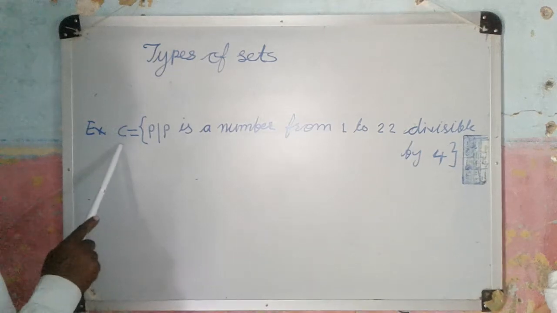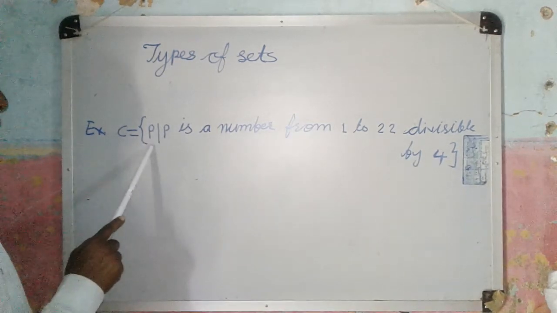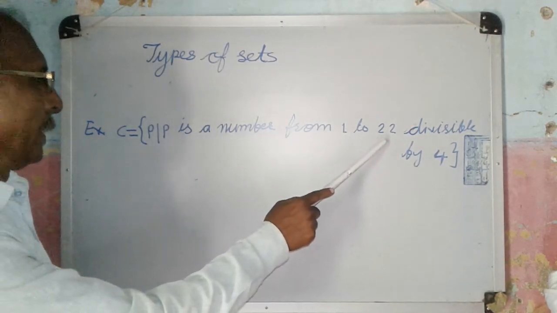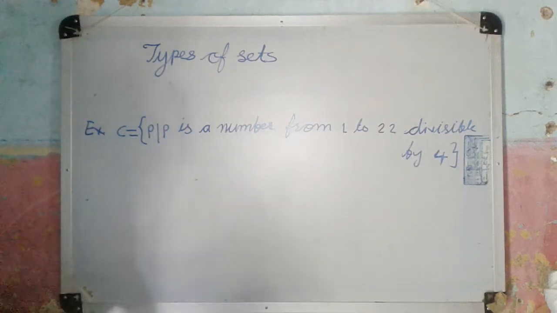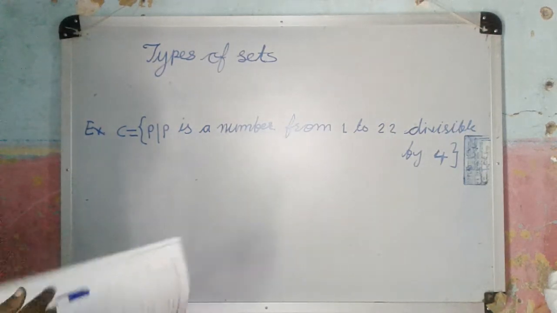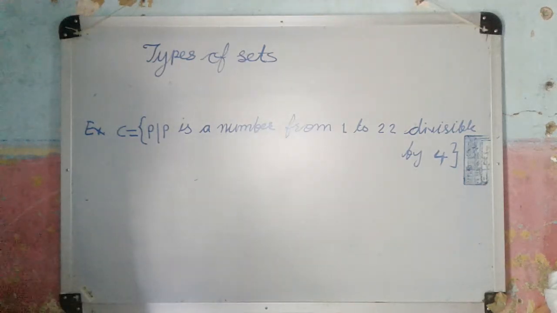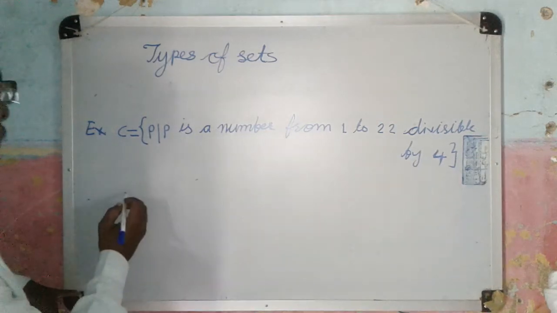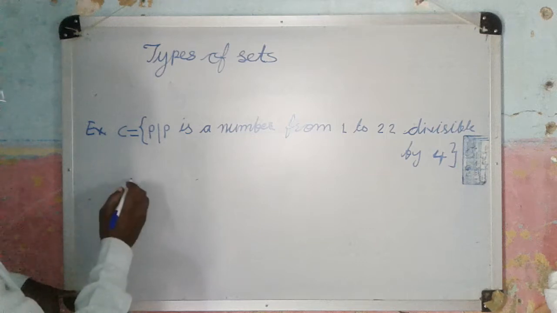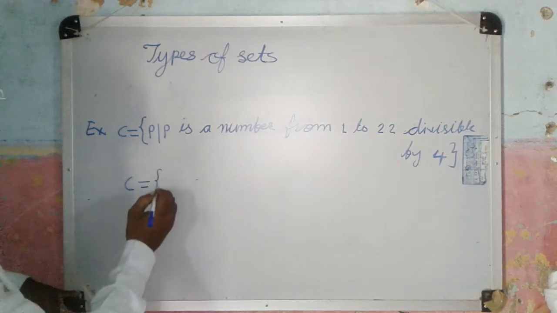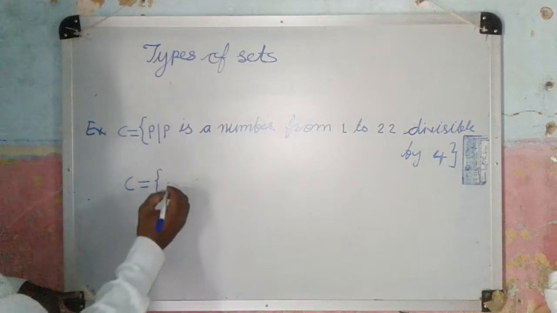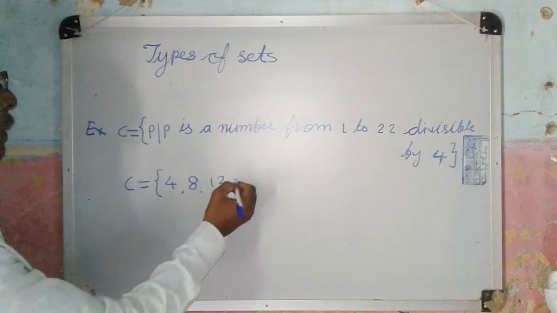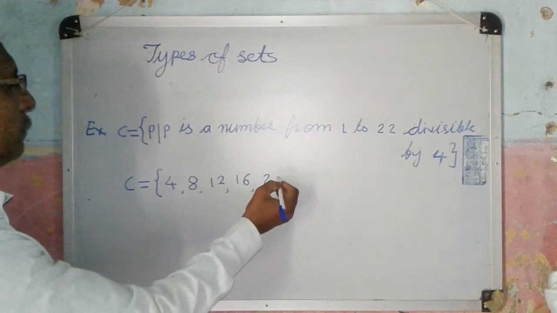Next example, C. C is the set of all P such that P is a number from 1 to 22 divisible by 4. So numbers which are divisible by 4 from 1 to 22 are, you can write this set by listing method like this: 4, 8, 12, 16, 20.